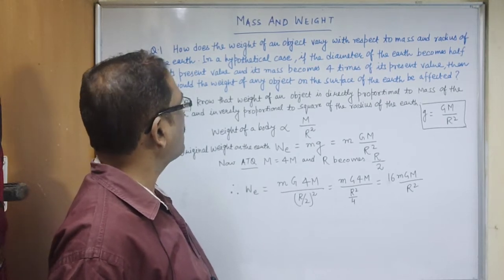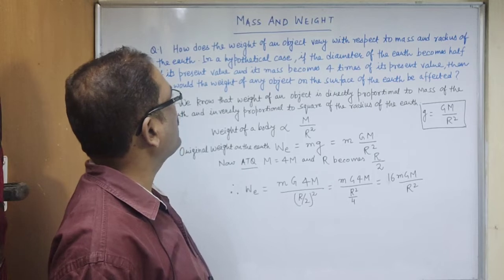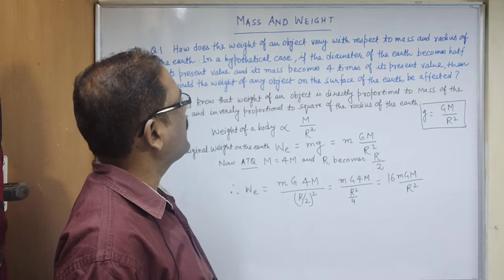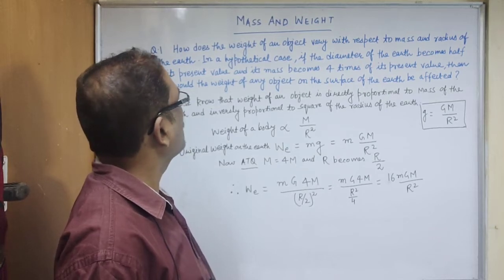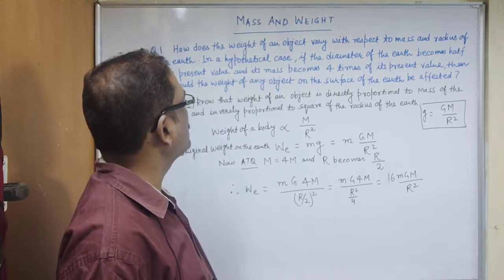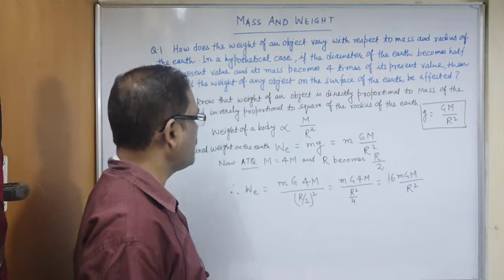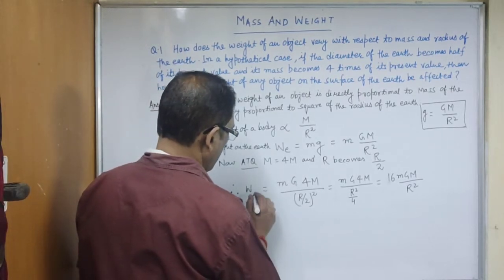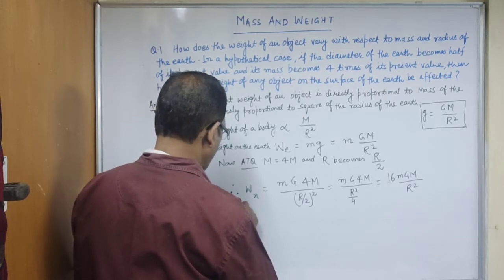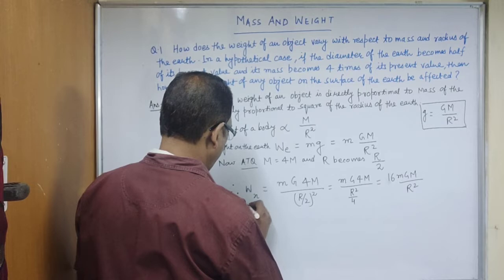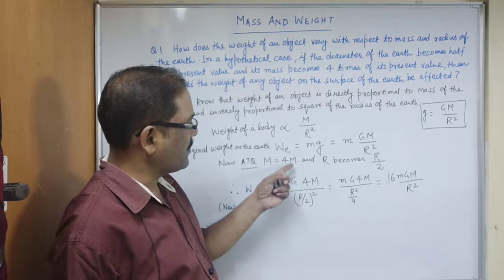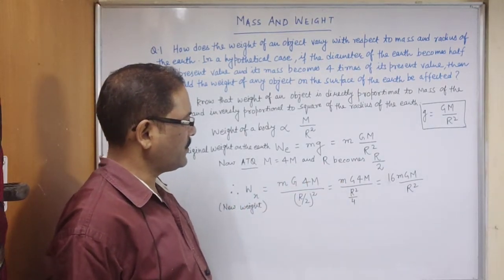You have to calculate the weight in a hypothetical case if the diameter of earth becomes half of its present value and mass becomes 4 times. So we can write it as new weight, otherwise there will be a confusion. We are calculating new weight when mass becomes 4 times and diameter reduces to half.